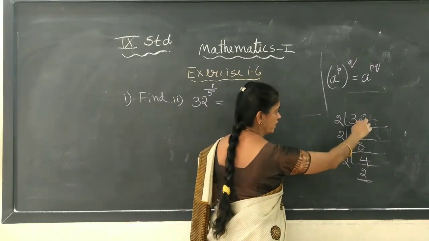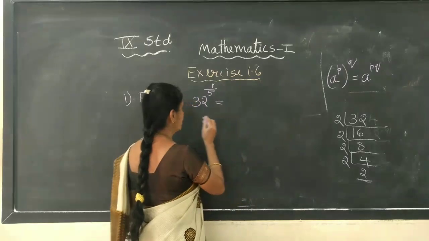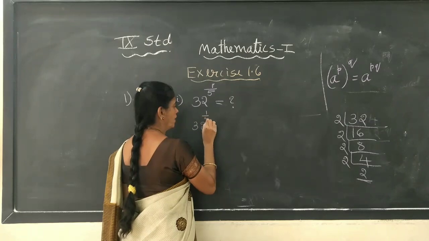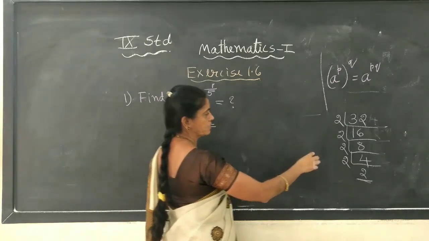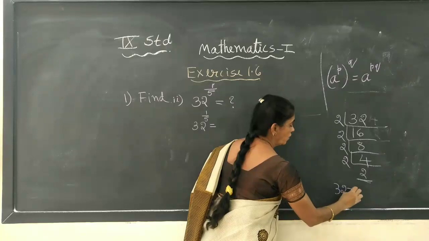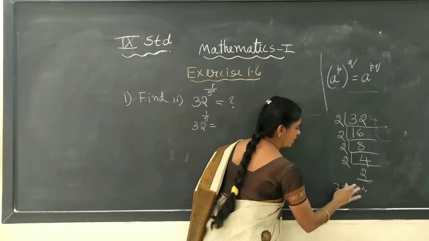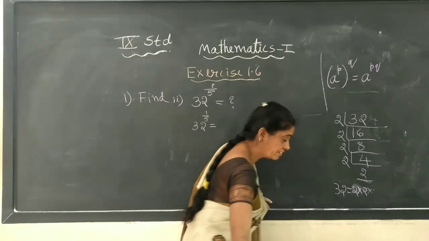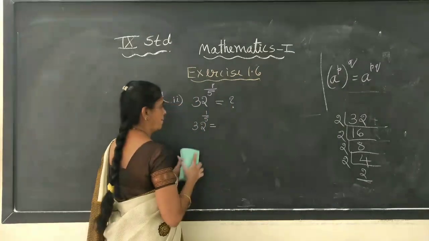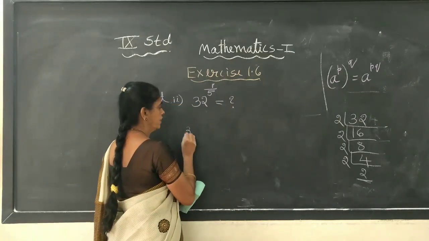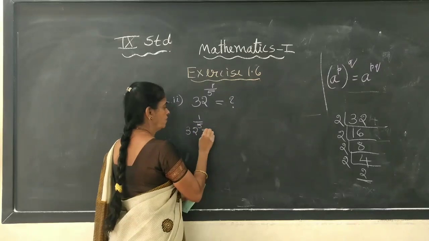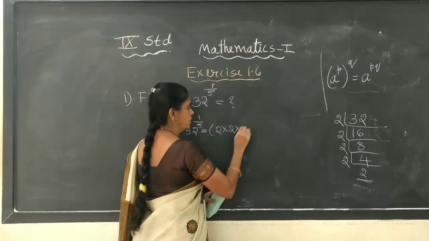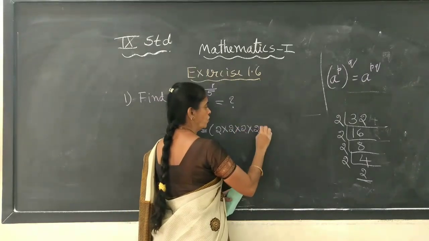Here 32 is nothing but 2 multiplied 5 times. So 32 to the power of 1 by 5 is equal to, now how many times is there? 32 is nothing but 2 into 2 into 2 into 2 into 2, that is 1, 2, 3, 4, 5.